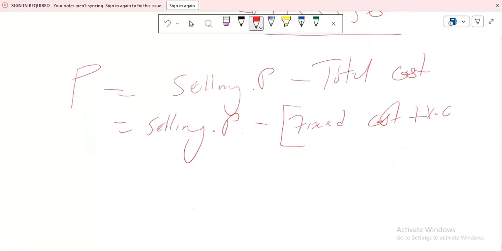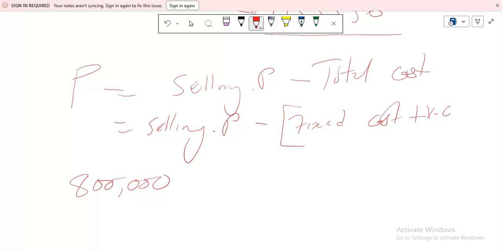Now, fixed costs are given for all units, regardless of the units you produce. The fixed costs are fixed, right? So in this case, we've been told that 800,000 is a profit. But we do not know what the actual units are that are giving this profit.